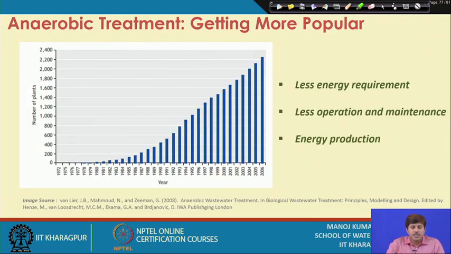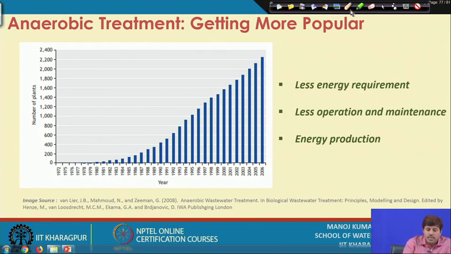Now if we see the anaerobic treatment systems, we discussed some of the advantages, there are some disadvantages also, but still what is observed is that anaerobic treatment systems are getting more popular. This shows the number of installations, the number of anaerobic plants across the years.